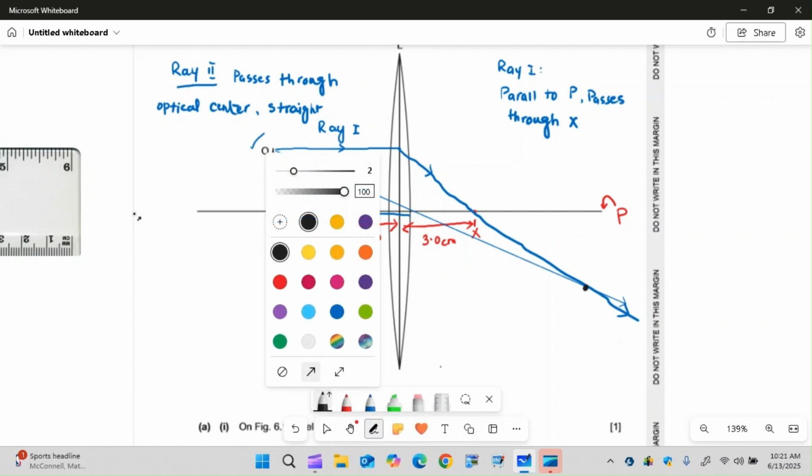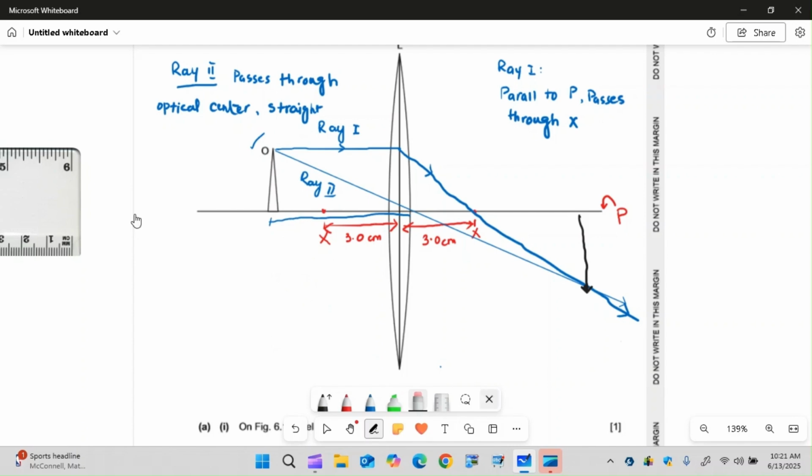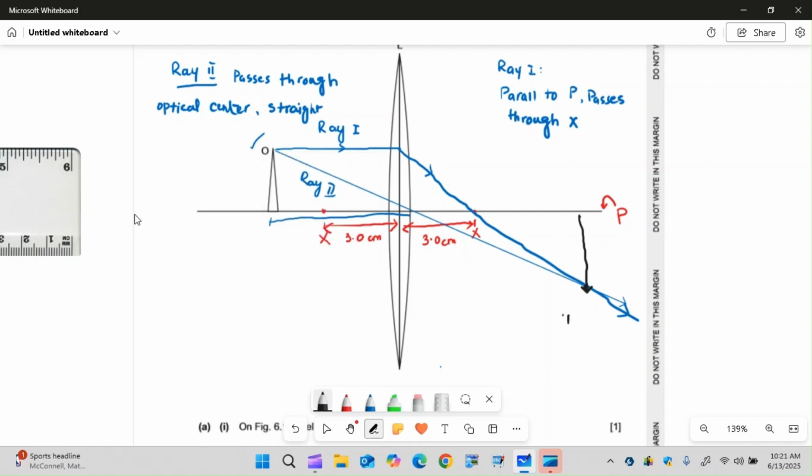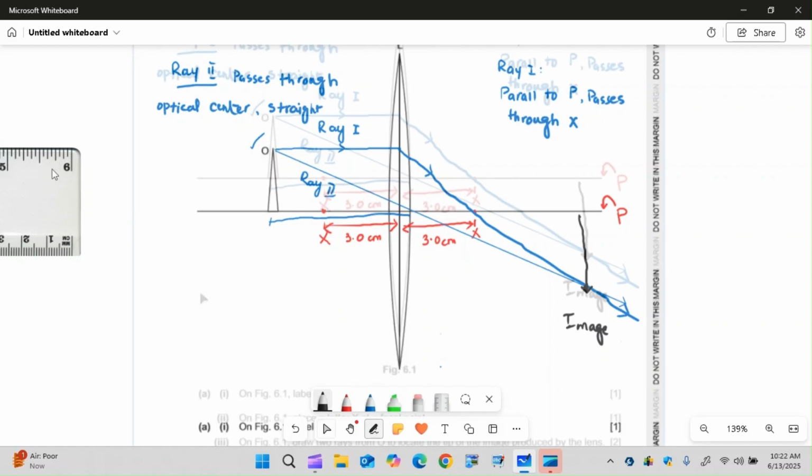So I will join these 2 points. So this is the image of the object. Now this is the tip of the image. We can see this is the tip of the image, so I can just say this is the image. This is our image of the object in the ray diagram.